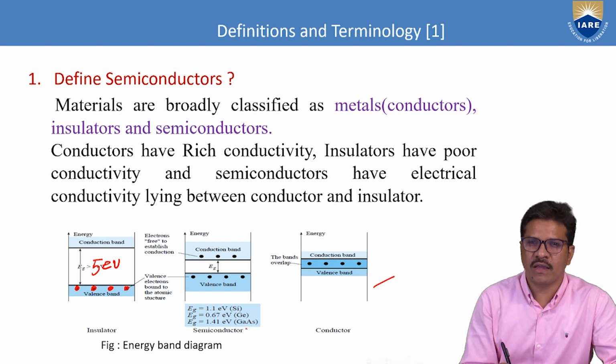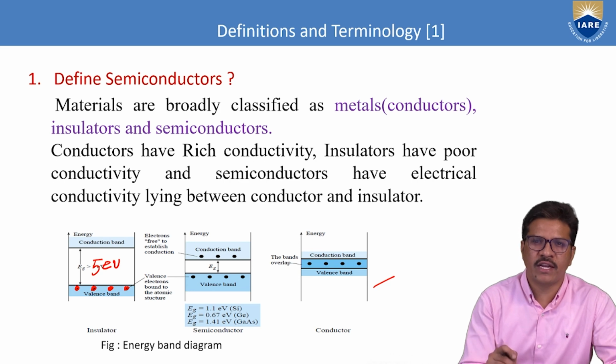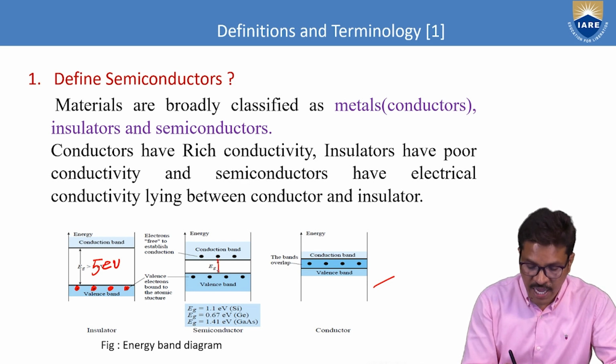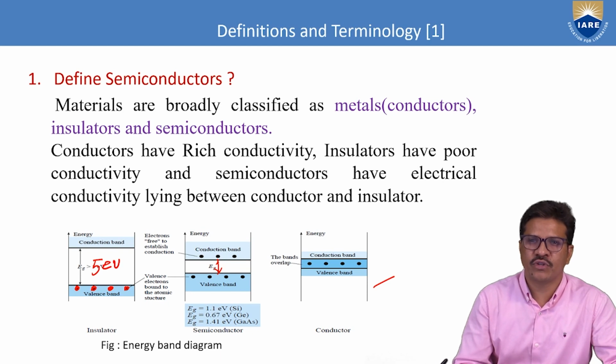The moment we give some energy, like 0.67 electron volts for germanium or 1.1 electron volts for silicon intrinsic semiconductors, the charge carriers get energized and move from the valence band to the conduction band. This gap is medium between conductor and insulator, so that we can have some controlled current flow in the semiconductor material.